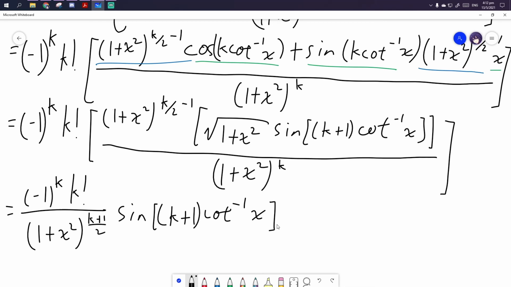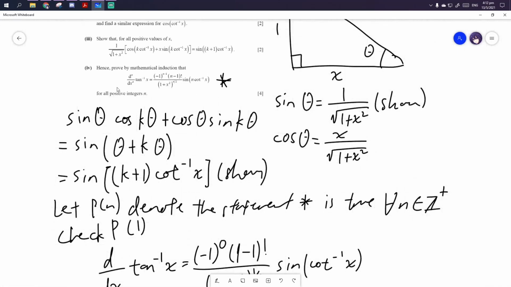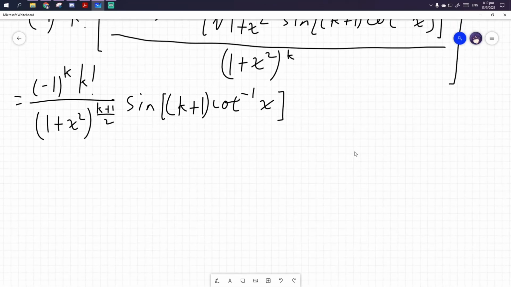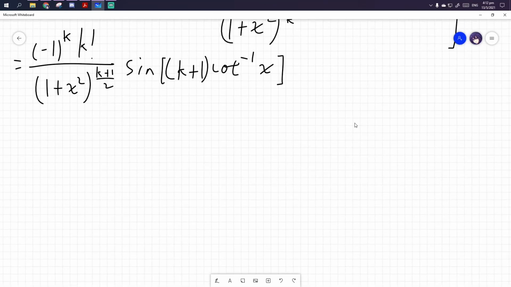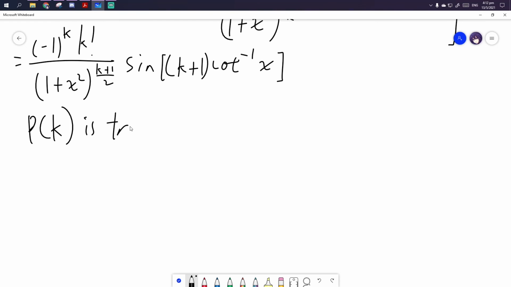And that, folks, we are done, I believe, because if we look down here and we go back up, we see that our final answer is exactly of that form, except that we have replaced n with k plus 1. So therefore, if we assume that P(k) is true, that implies that P(k plus 1) is true.